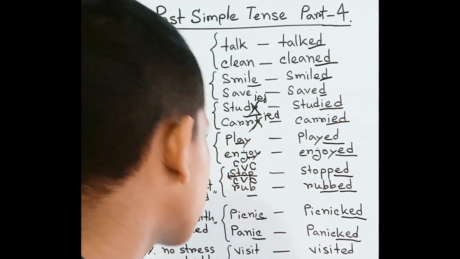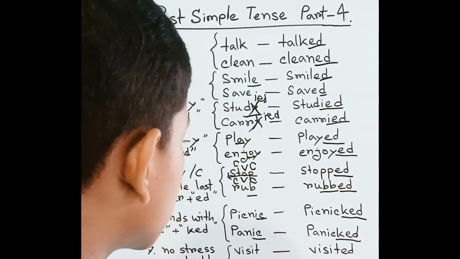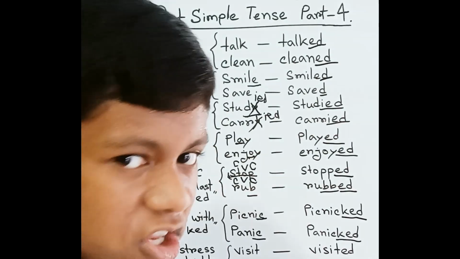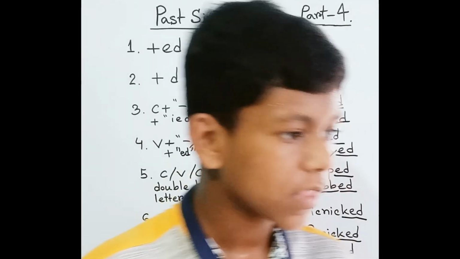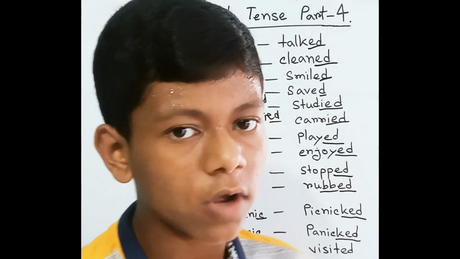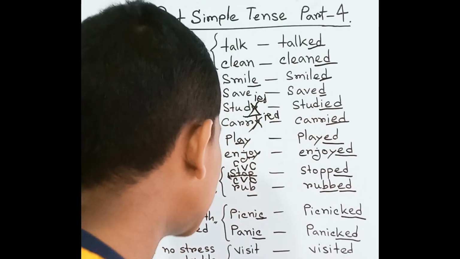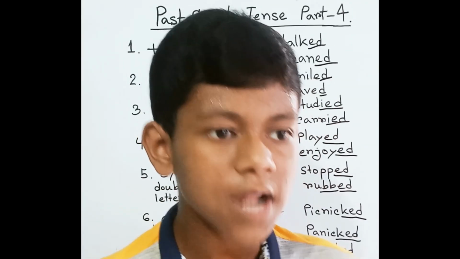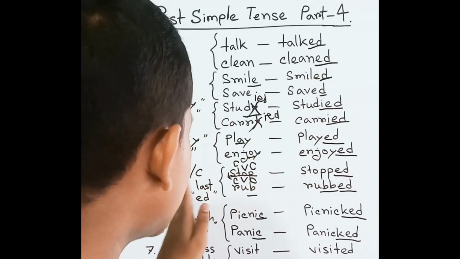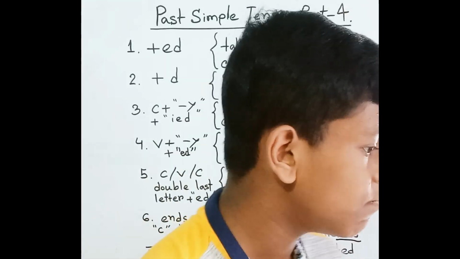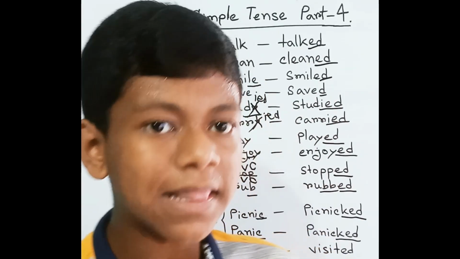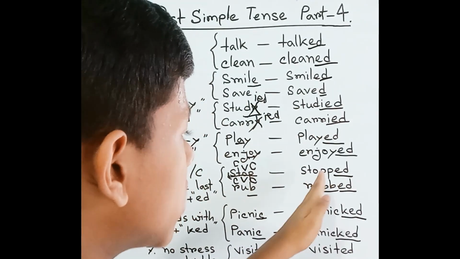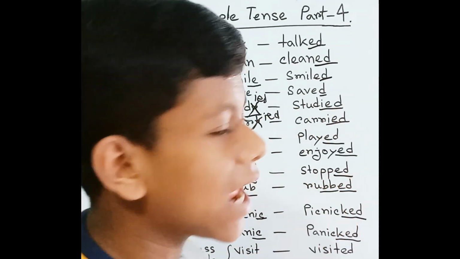We have already understood the 6 rules, and the last one is very tricky. Why? Because the last one is deeply connected with the 5 number. I forgot to tell you that if the verb ends with CVC, you have to remember that if the last syllable is stressed, at that time you can double it and then add the ED.